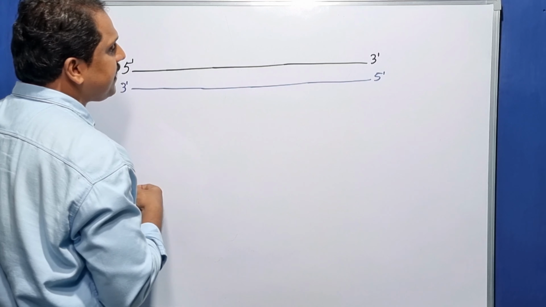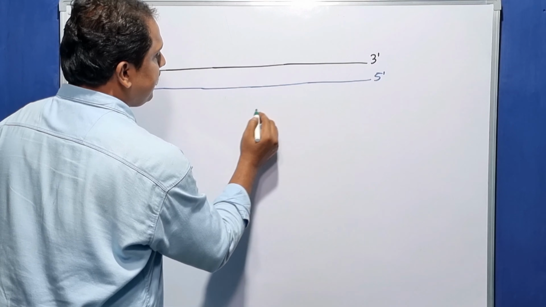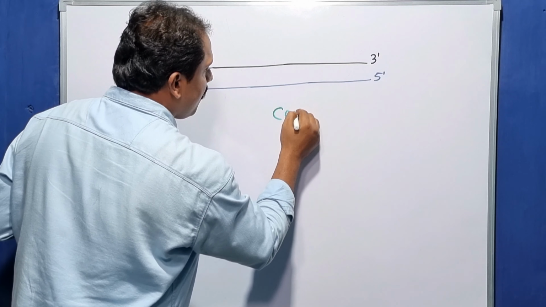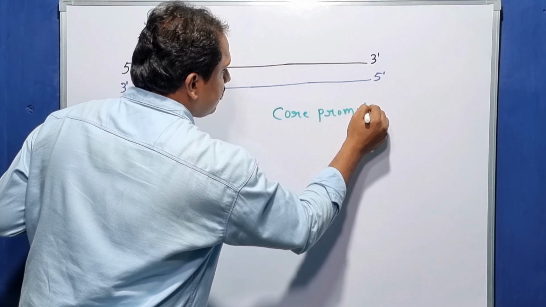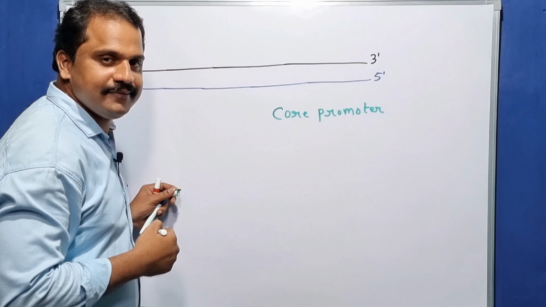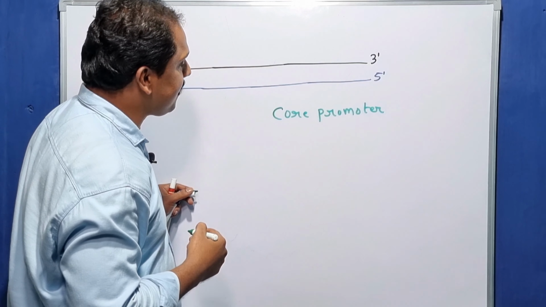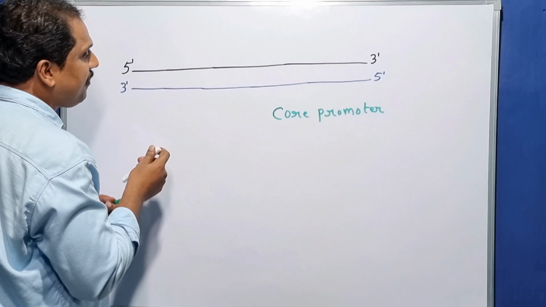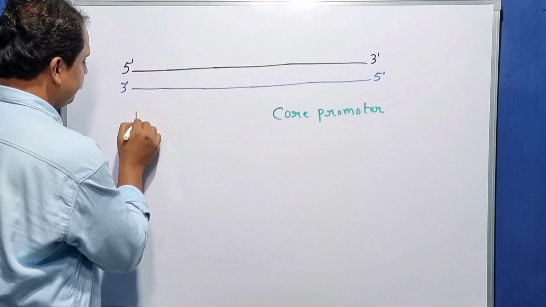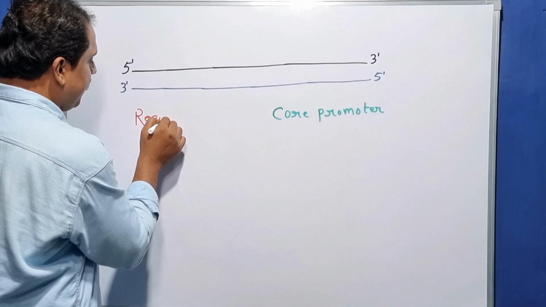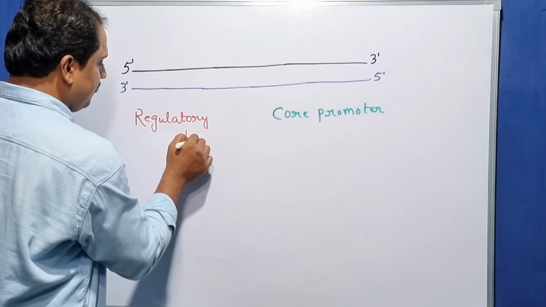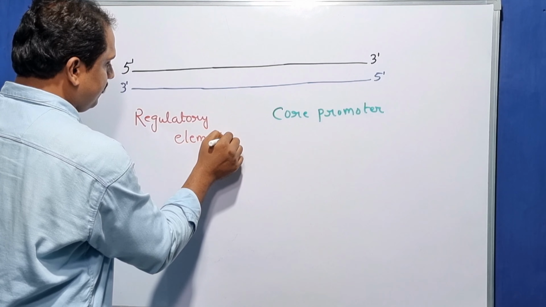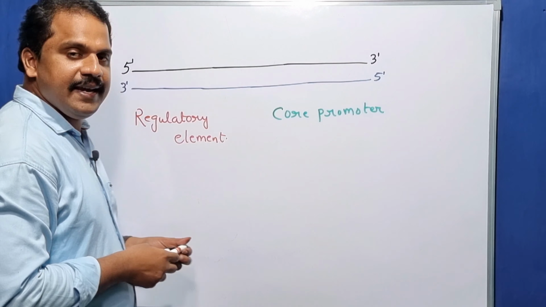So within the double-stranded genomic sequence, there is the availability of the core promoter, is it clear? And the other component is nothing but what? Regulatory element. Regulatory element. Is it okay for you?